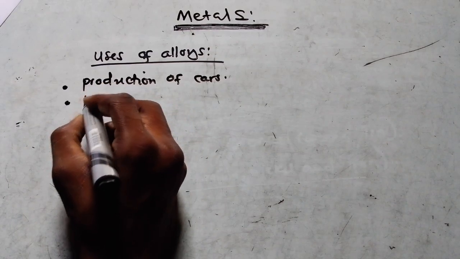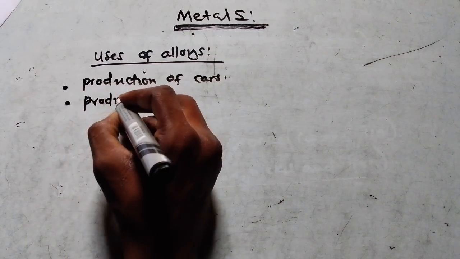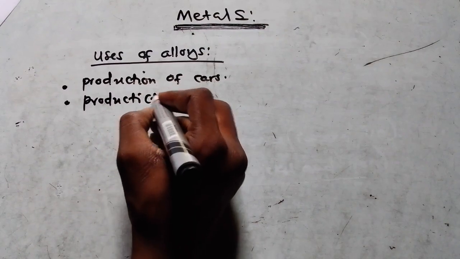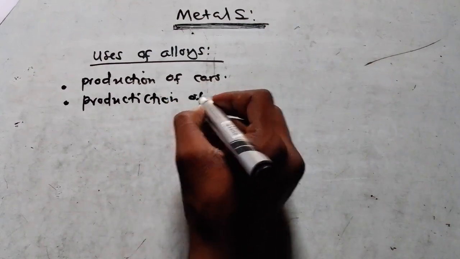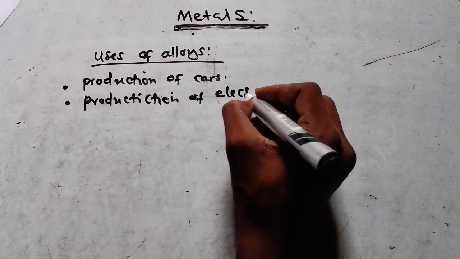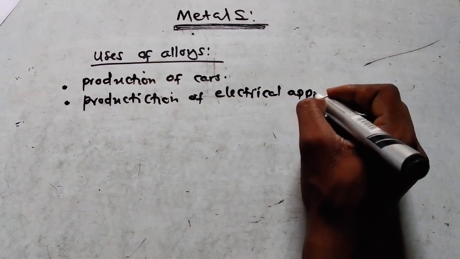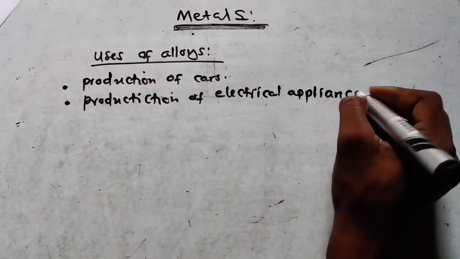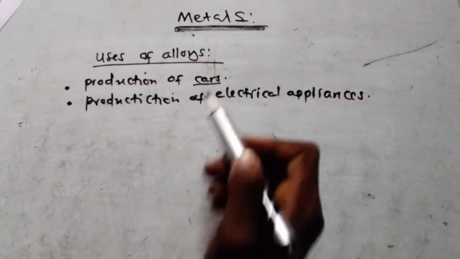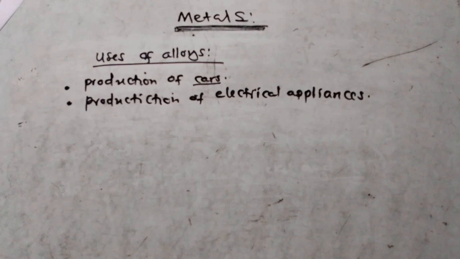Alloys are used in the production of electrical appliances. So when making cars, these cars that we see around, they use alloys.